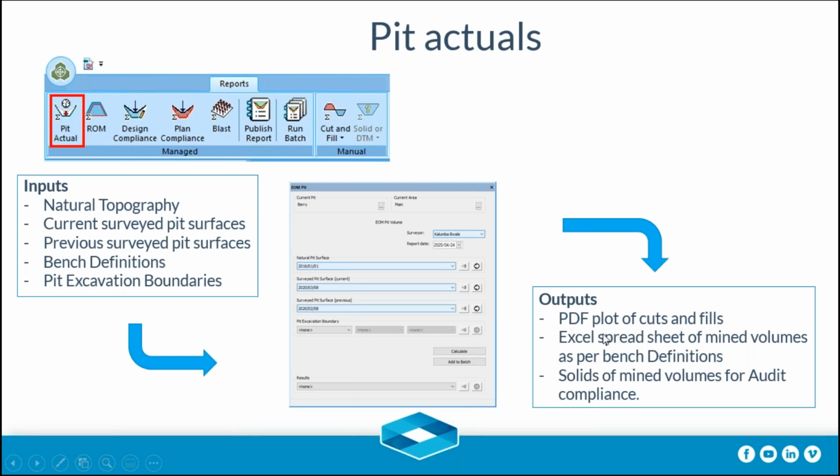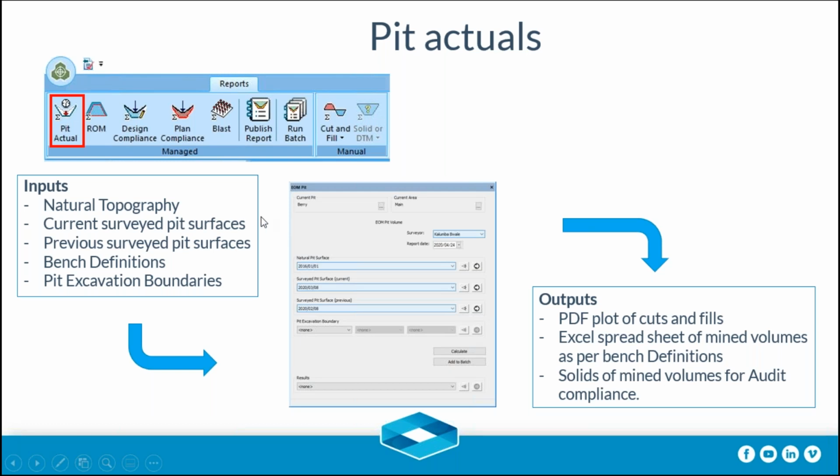Now, these are defined, first of all, in terms of how much has been mined from the time the pit started and how much has been mined for the month. So the software is going to perform 3 DTM cut and fill operations between the natural topo and the current surface, the natural topo and the previous surface, and then the current surface against the previous surface.